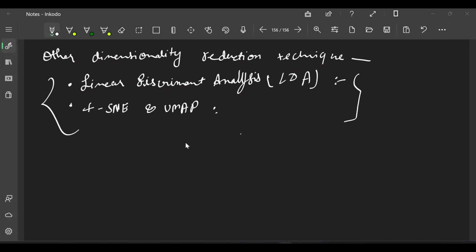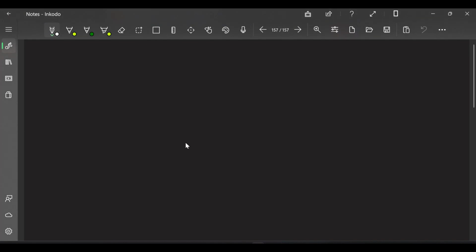So now we will take one example to understand PCA. Let me draw a graph, or rather I am going to give you a table, and then we will see how to reduce its dimension.